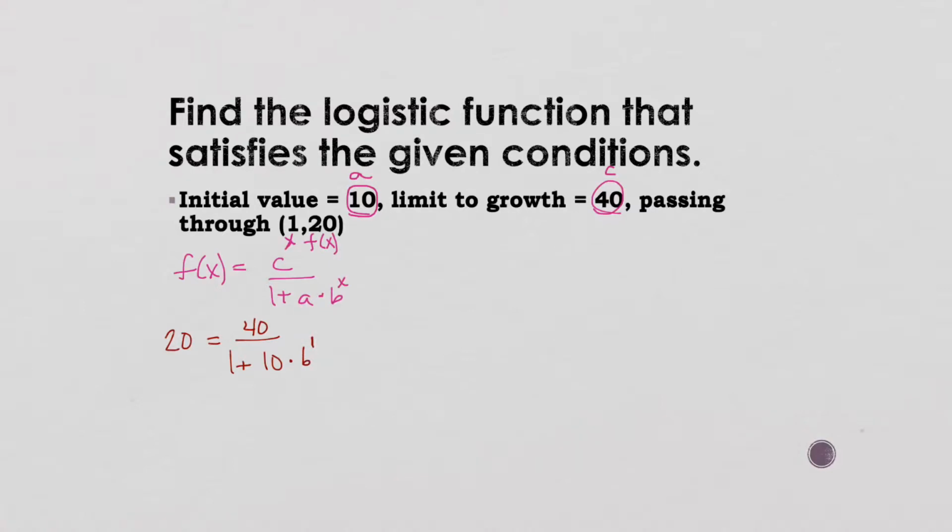Now we've got to find B. We don't know our rate. In order to write our function, we have to find our rate. We're not given that value. B to the first is just B. So what we've got to do is get the B out of the denominator. We need to multiply both sides by this whole thing.